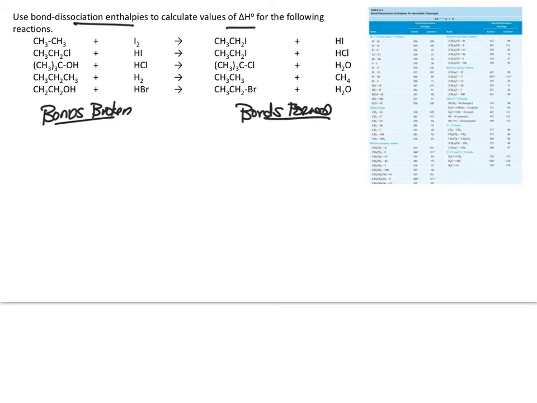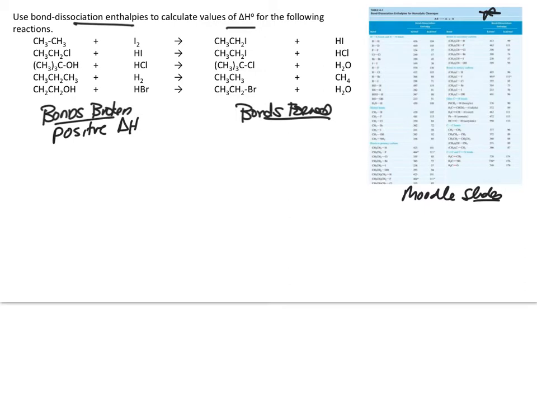Bonds being broken will be positive delta H values. You will need to pull up this table. I pulled this out of your Moodle slides. It's in your book, and these are the bond dissociation energies, and I'm going to have to look at those. And you need a calculator.